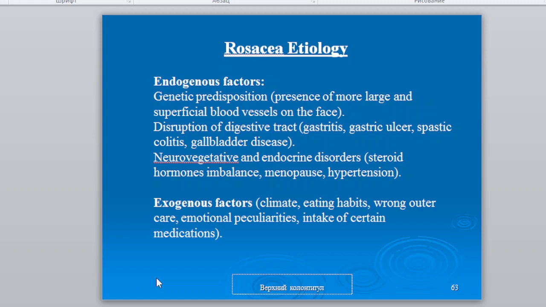Exogenous factors: climate, eating habits, wrong outer care, emotional peculiarities, intake of certain medications.